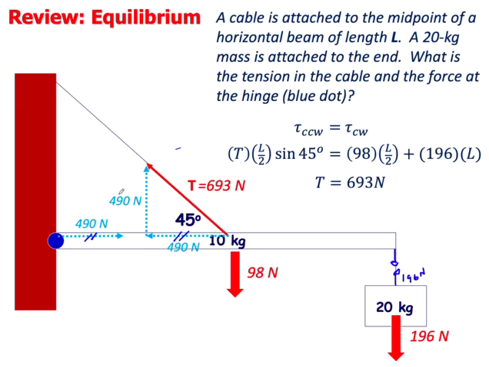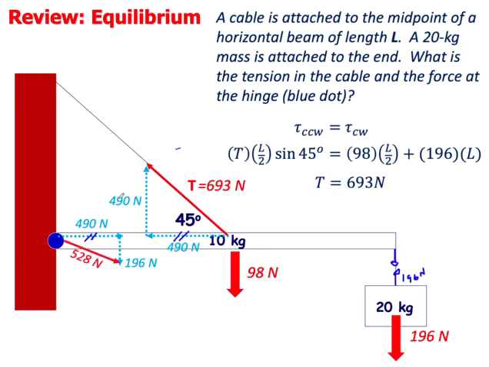We've got a greater upward force than the sum of the two weights. What does that mean? That means at this blue pivot point over here, we have to have a downward force of 196 newtons. Why? This 196 plus this 98 plus this 196 adds up to 490 to exactly balance that.